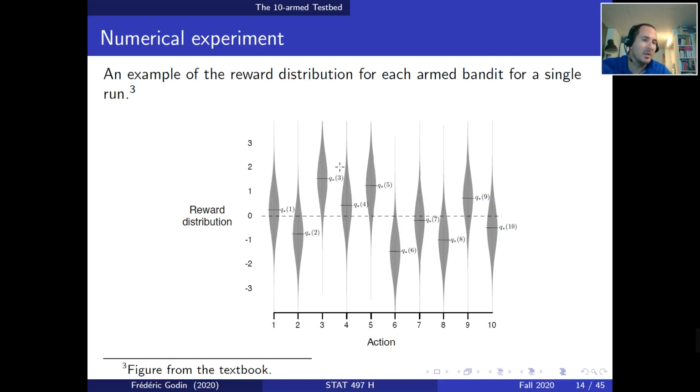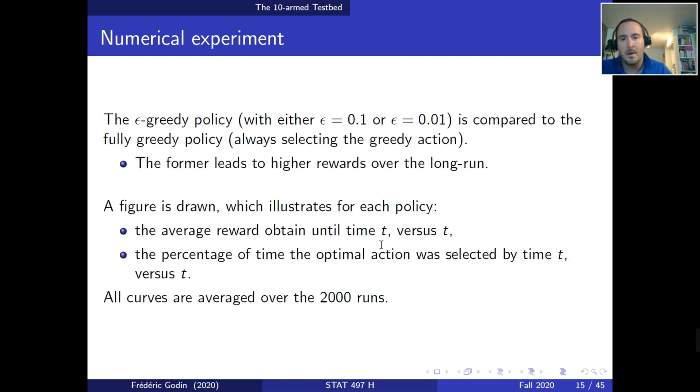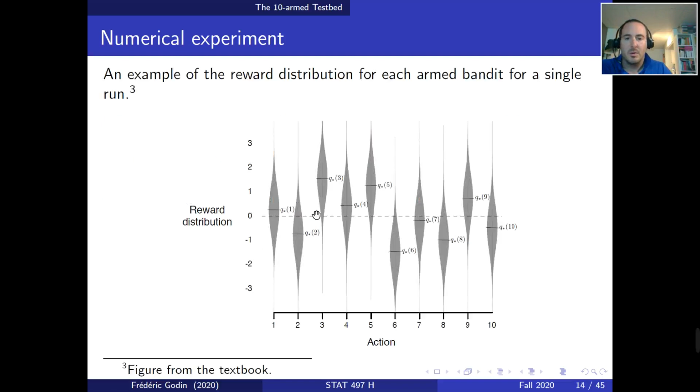In practice we don't know the expected value, but if we knew it, we would sample all the time from lever 3 in that run. This figure is from the textbook. I didn't draw it myself, so I want to acknowledge that.